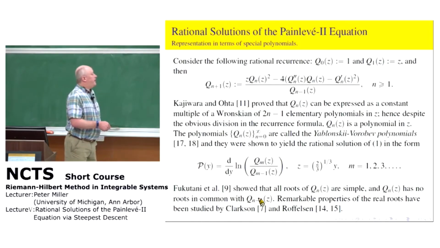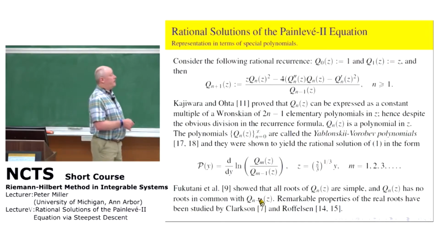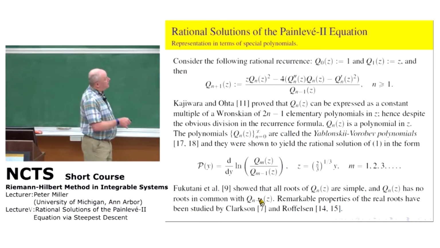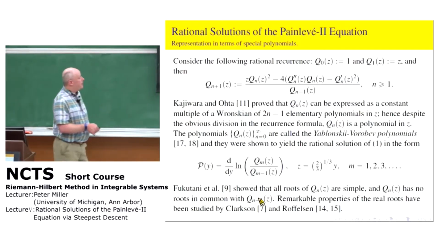Okay, so anyway, Fukutani and collaborators showed that all the roots of these polynomials are simple roots, and that qn of z has no roots in common with qn minus 1. So if you think about this formula, that tells you that all the poles of p of y are simple, and they have residue plus or minus 1, depending on whether the 0 is in the numerator or the denominator.